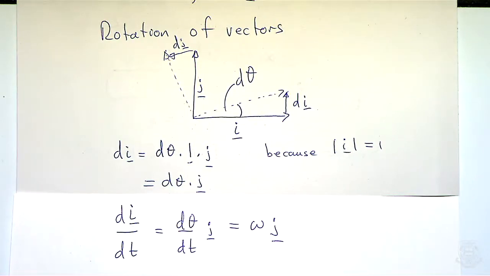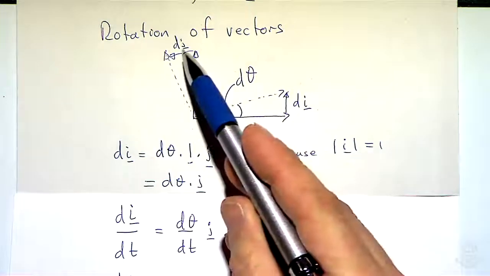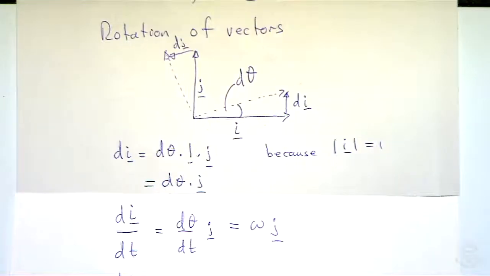We can do something similar for the j vector. So if we do that, we get dj by dt is equal to minus omega i. And that's a minus because the dj component is going in the minus i direction.